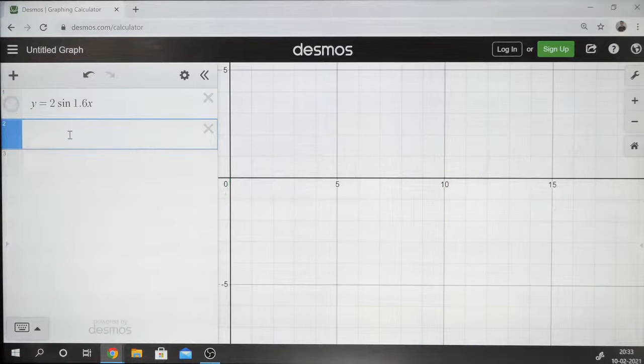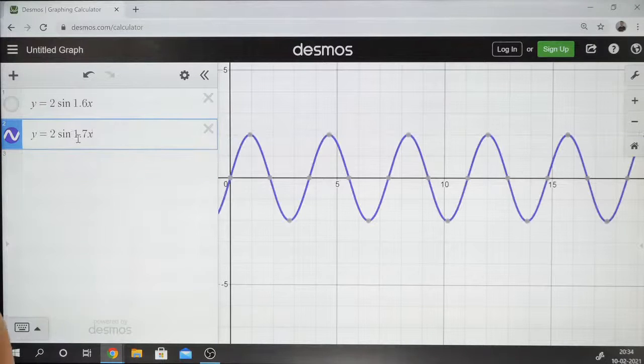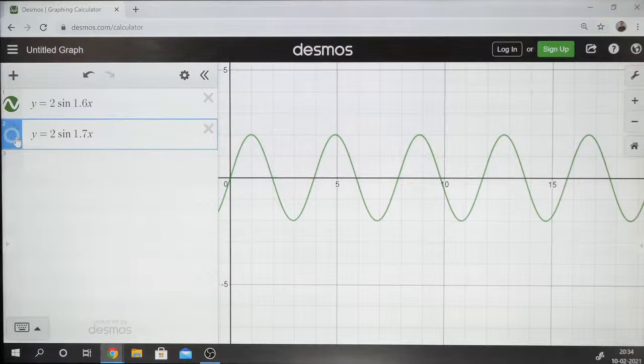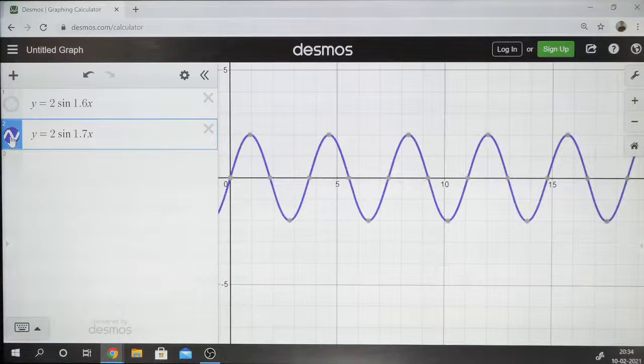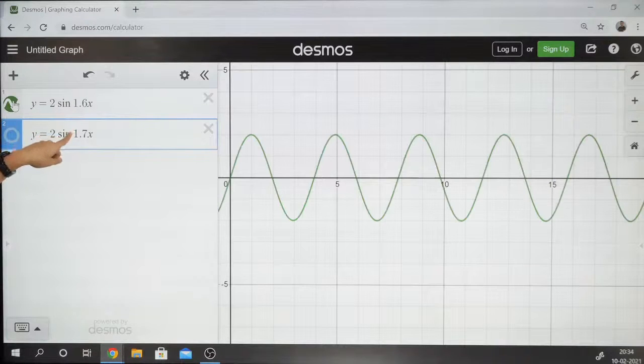But this will be y is equal to 2 sine, maybe let's say 1.7x. Example. You will see that now. Now, do you see any difference between this wave or this wave? Do you see any difference as such? They look very similar because the numbers are also very close by.